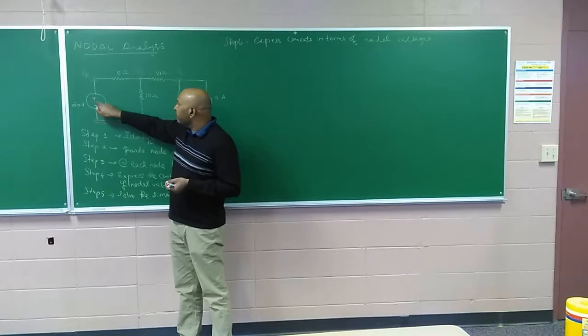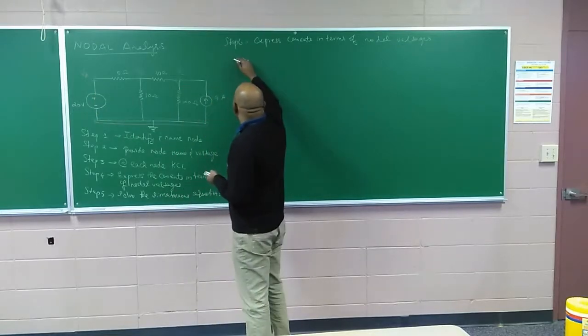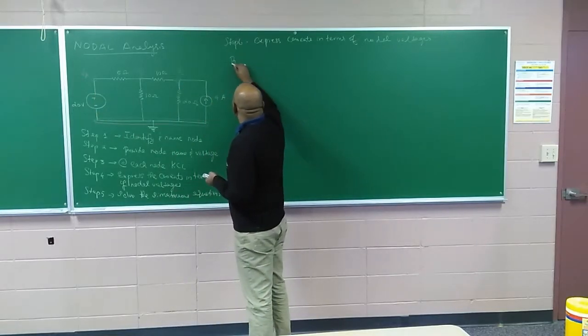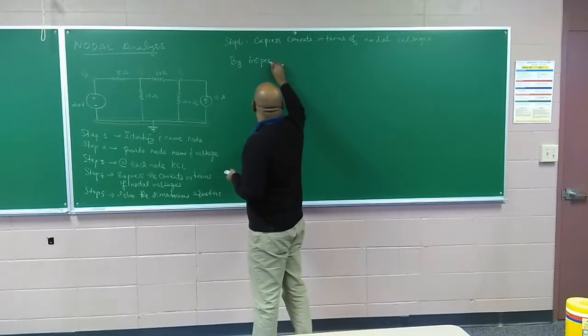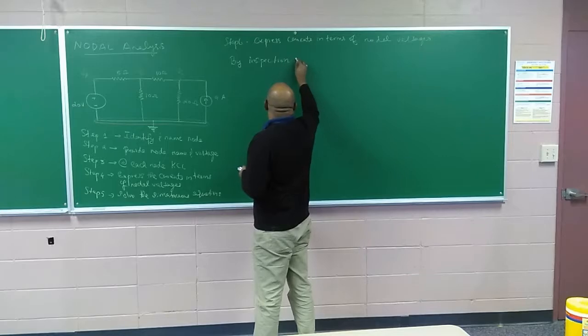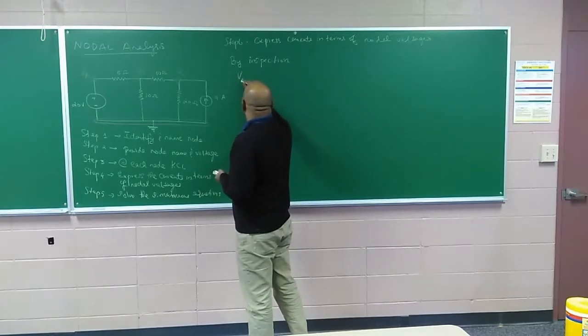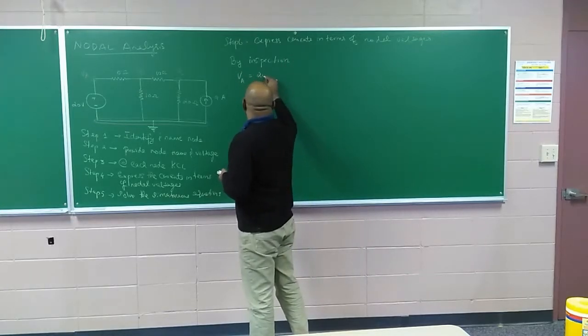So by inspection, we can write V sub A is equal to 20 volts. This is an important result.